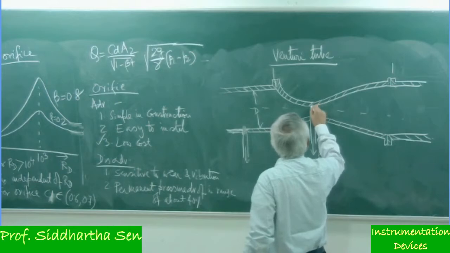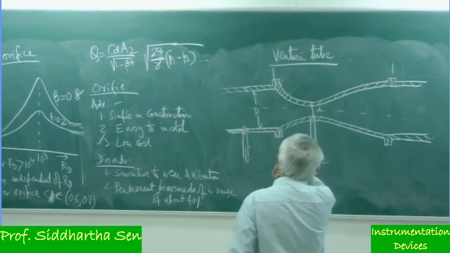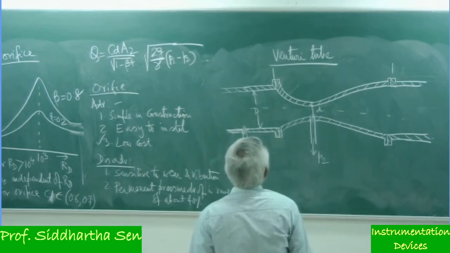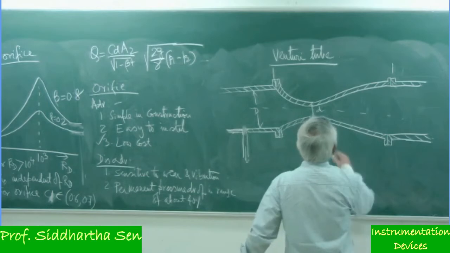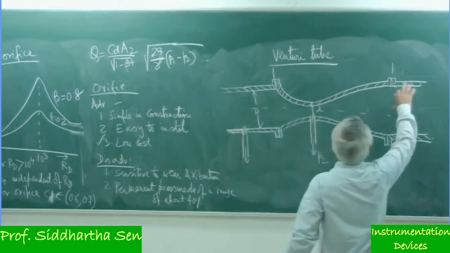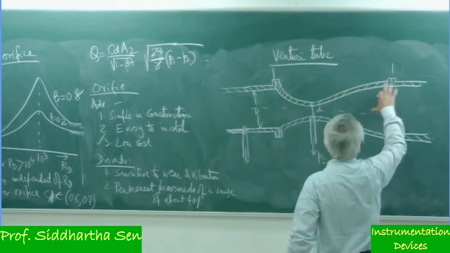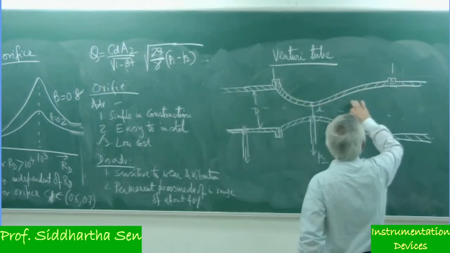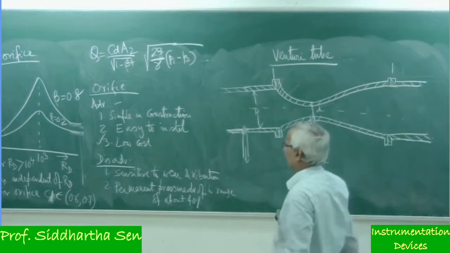Here small d is the throat diameter, and that is also the minimum flow area or vena contracta. And this is some sort of converging-diverging nozzle type of thing, then again it diverges like this.